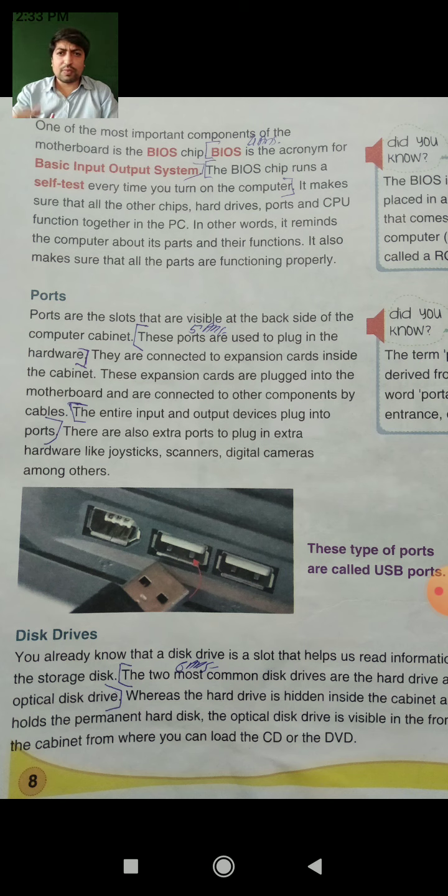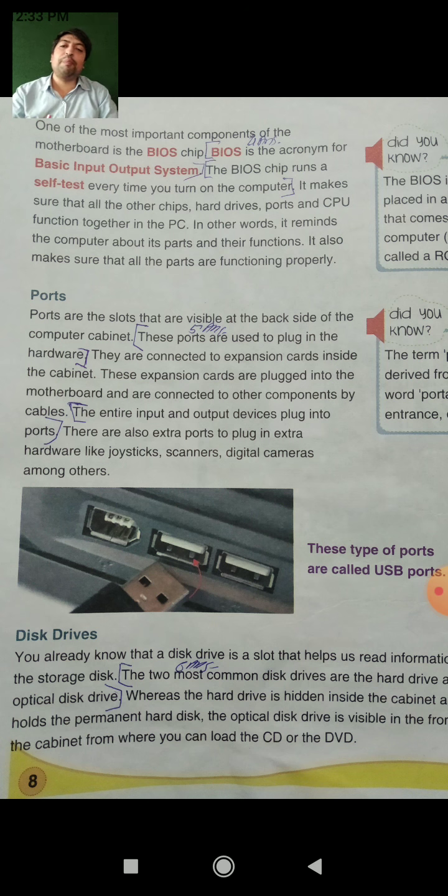Also, there is a port that is useful for connecting to the internet. The LAN port is also useful for connecting to the internet with the help of LAN cables. So today we will see what different types of ports are available in the CPU.